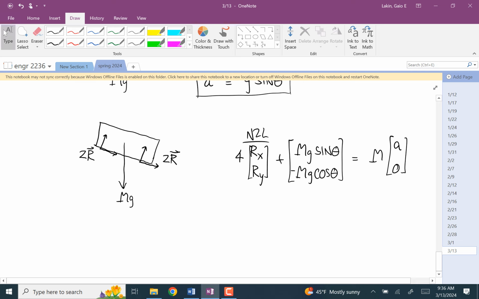And again, the y equation isn't really going to matter. So this comes out to say 4Rx plus Mg sine theta is equal to Ma.